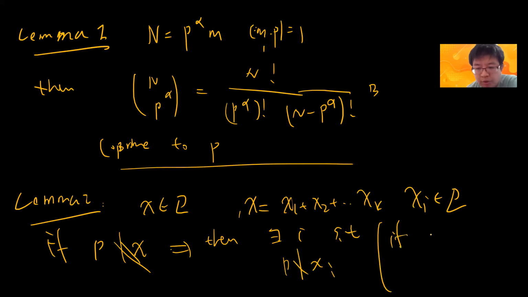This proof is trivial, because if this is not the case, each xi on the right-hand side is divisible by p, then the left-hand side x will be divisible by p, which contradicts my assumption.